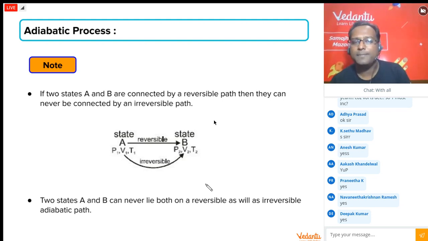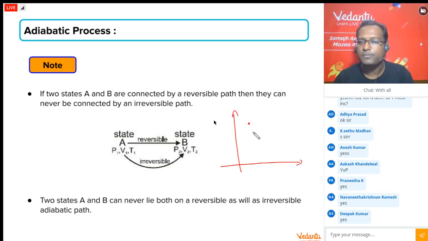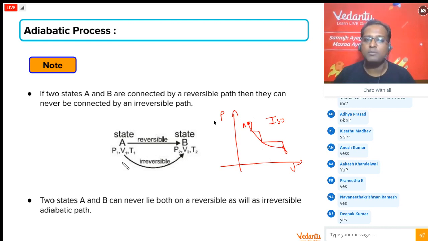First, the statement that two states cannot be connected via reversible adiabatic as well as irreversible adiabatic. Sir, can you explain a bit, because in isothermal was this possible? In isothermal it was possible, we did this also. I was taking this step diagram, so it was possible to reach that point. So when we had isothermal process, two states, state A and state B, can be connected via reversible as well as irreversible. Such a thing is not possible here.